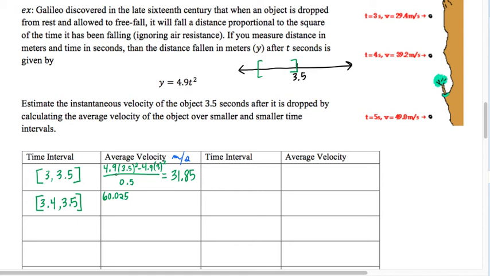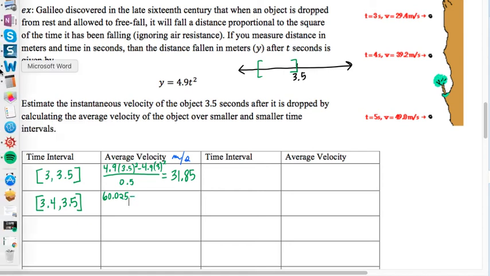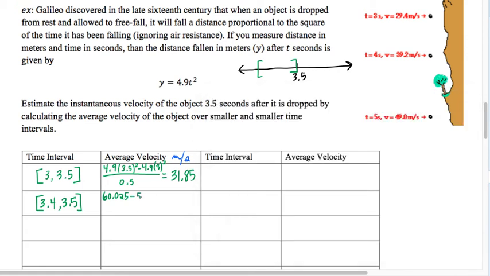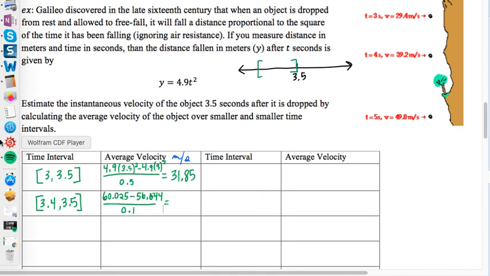That's plugging in the 3.5 squared and times the 4.9. Then we're going to do minus 3.4 squared times 4.9. It's 56.644. That time interval only has a length of 0.1, so it's a bit of a shorter time interval.